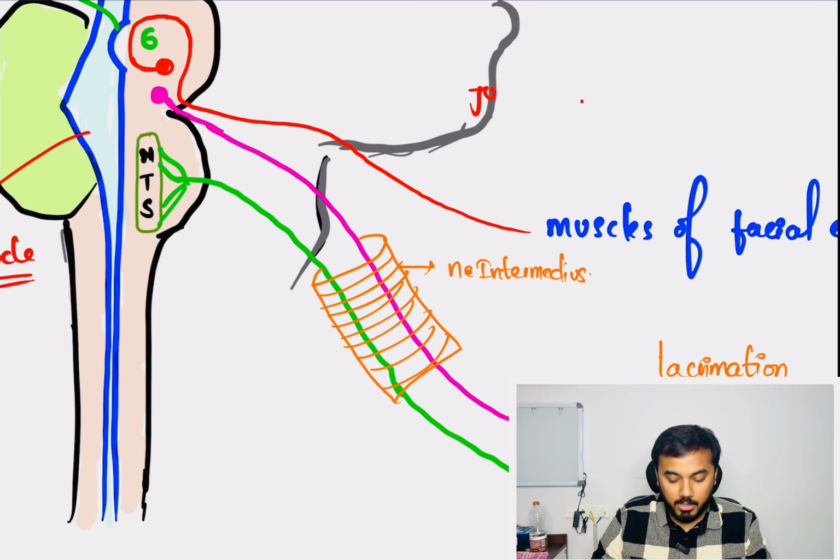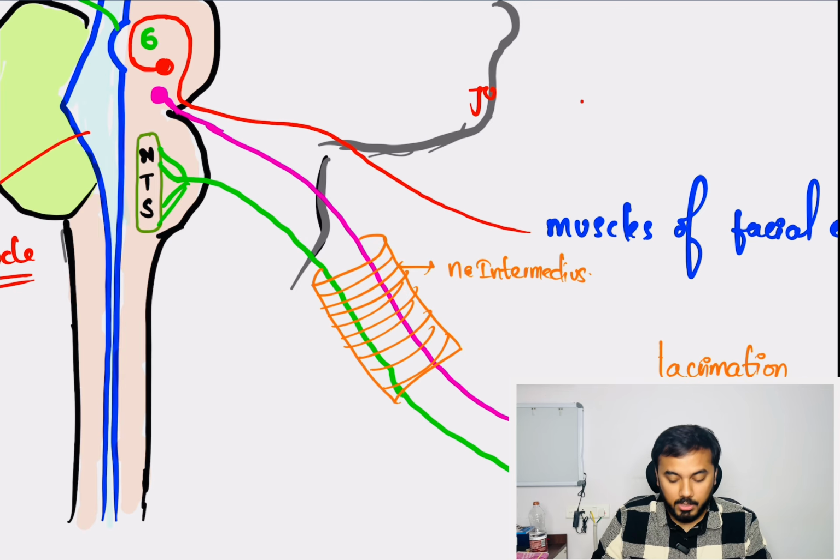I want you to just take a screenshot of this, put it in front of you in an iPad or whatever it is, right? And just watch my lecture looking at this picture. So just take a screenshot of this. Now let me go back. This particular nerve is coming all the way down, passing through this canal and entering into your geniculate ganglion.